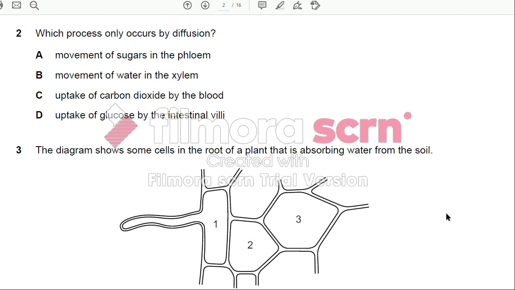Yes, of course, gases are exchanged by the process of diffusion. D, uptake of glucose by the intestinal villi. Again, in the human intestine, glucose will be taken up by the process of active transport. So the best option is C, uptake of carbon dioxide by the blood, that will involve the process of diffusion.